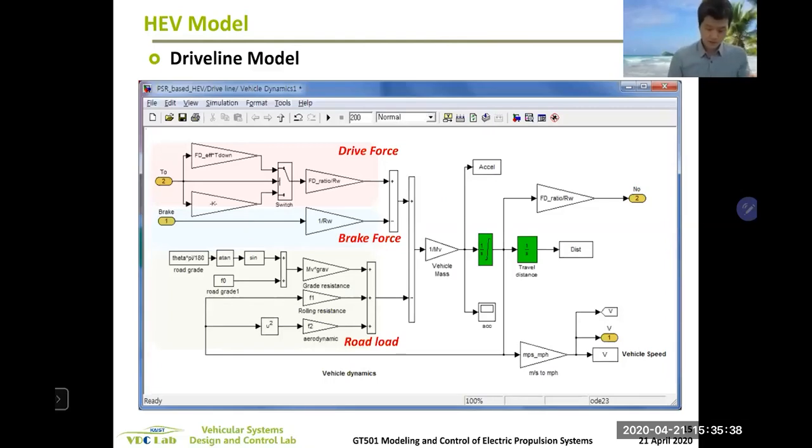And the drive line looks something like this. So here is acceleration. This is V. This is distance, right? So basically, here is force.